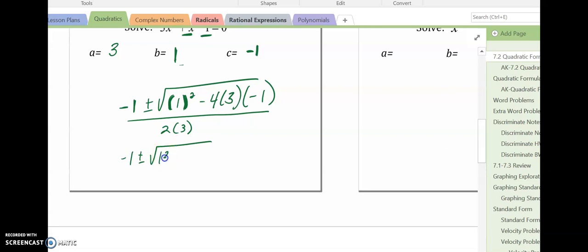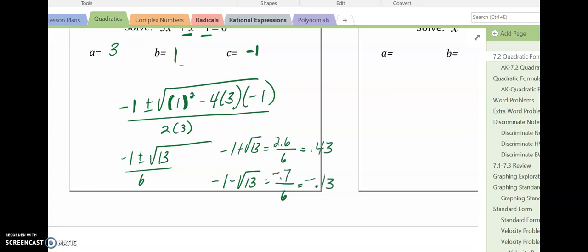That's going to give me 13 over 6. Then I'm going to take in a calculator, -1 plus the square root of 13. I'm going to have to find that answer before I divide by 6. And then I'm going to take -1 minus the square root of 13, get that answer, and divide it by 6. So go ahead and try both of those.